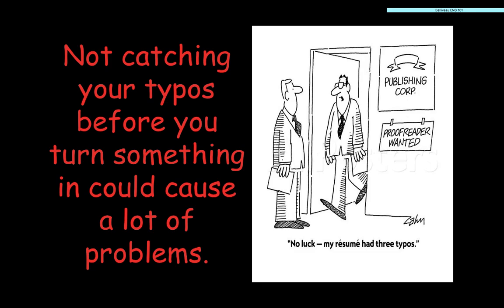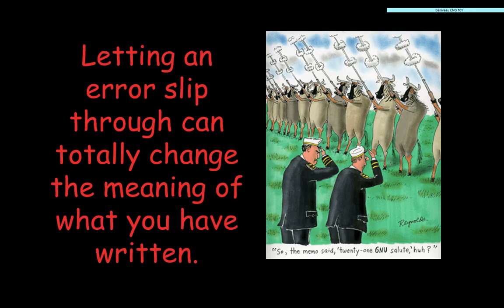It won't tell you the difference between, you know, access and excess if you get the words mixed up. So you have to go through and check that out also right near the end. Because letting an error slip through, it can totally change the meaning of what you have written.